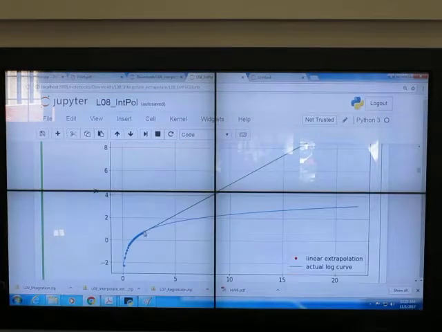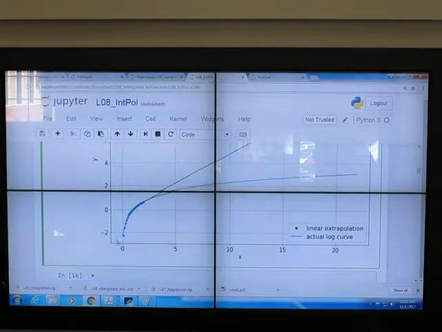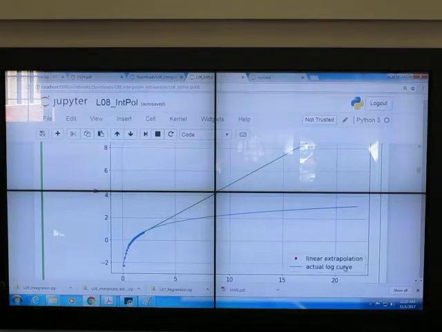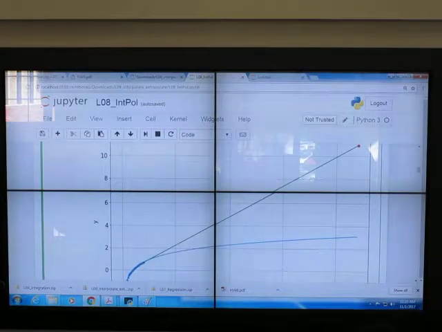Assume that you don't know that the function is a log function. You have just those dots. If I ask you, for x equal to 22, what should be the value? If we don't know the function, we can have several kinds of extrapolation. You can say, okay, that point or that point.